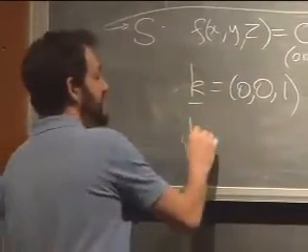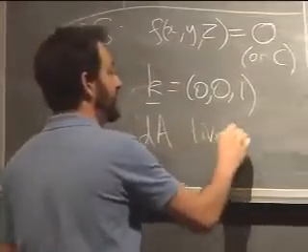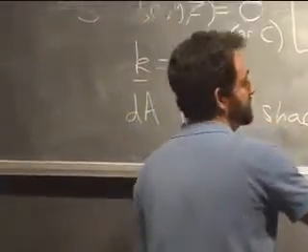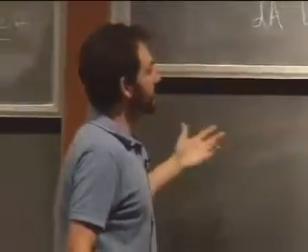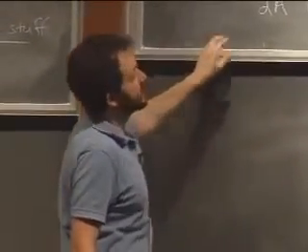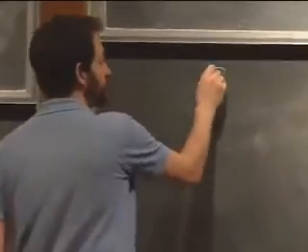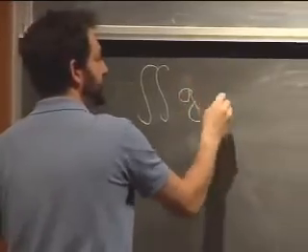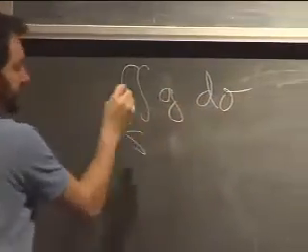And dA lives in the shadow, R. So the whole impact of this is that you've converted as follows. Here's how the full conversion works. You have this integral of g d sigma over the surface.